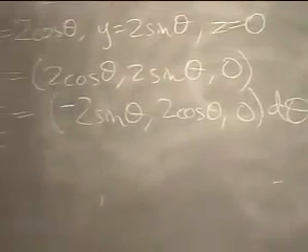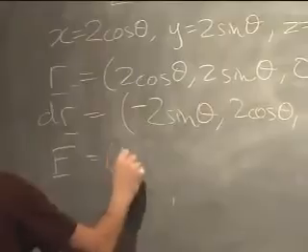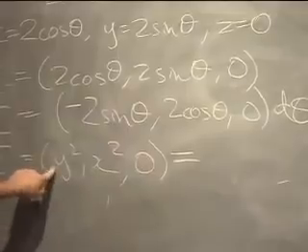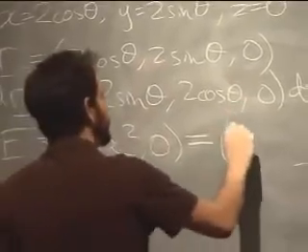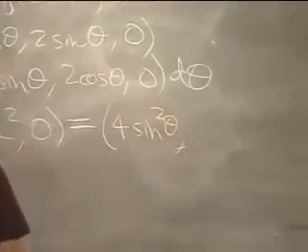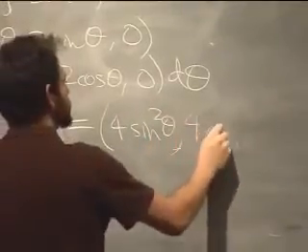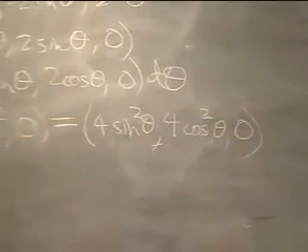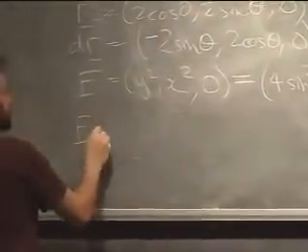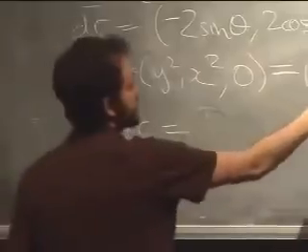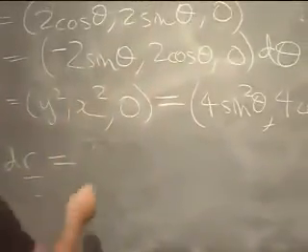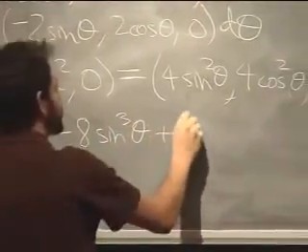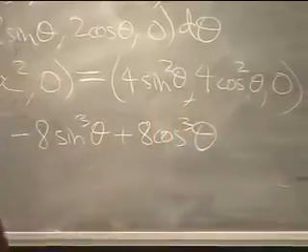Now we also have to find F. F is just y squared, x squared, 0, which, with y being 2 sine theta, is 4 sine squared theta, x squared is 4 cosine squared theta, and that's 0. So we actually need F dot dr, which is this dot this. So if I'm not mistaken, it's minus 8 sine cubed theta plus 8 cosine cubed theta d theta.